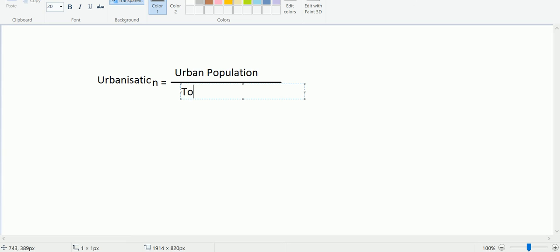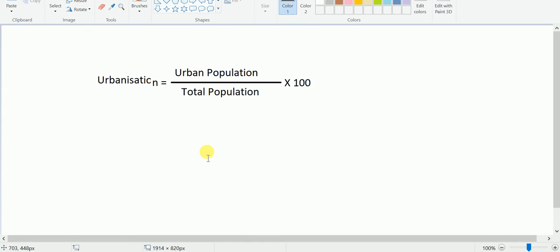Here we have total population, and it is to be multiplied by 100. Simply, urbanization is the percentage of urban population to the total population of the country.